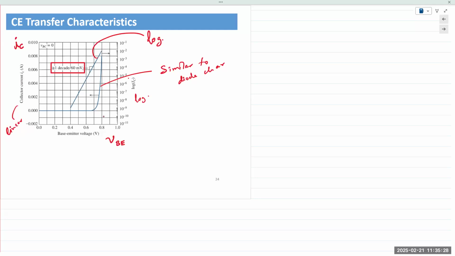Going back to the same point in the questions that you had earlier: you're injecting holes into the base. How does a small amount of holes create a large collector current? It's just device physics.